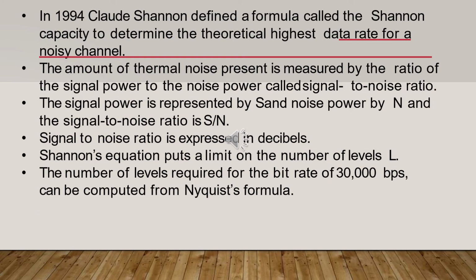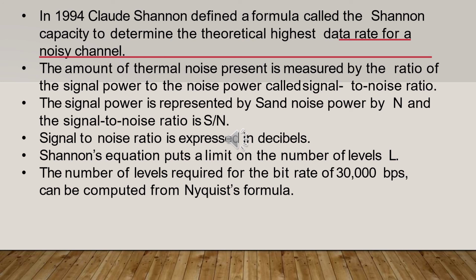In the year 1944, Claude Shannon defined a formula called the Shannon capacity to determine the theoretical highest data rate of a noisy channel. Shannon says that the amount of thermal noise present is measured by the ratio of signal power to noise power, called the signal to noise ratio. The signal power is represented by S, the noise power by N, and the signal to noise ratio is S/N.